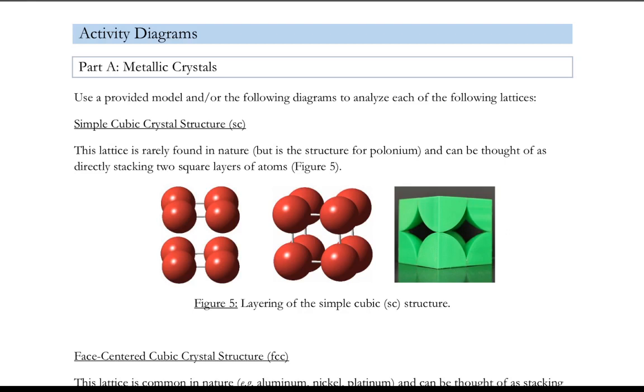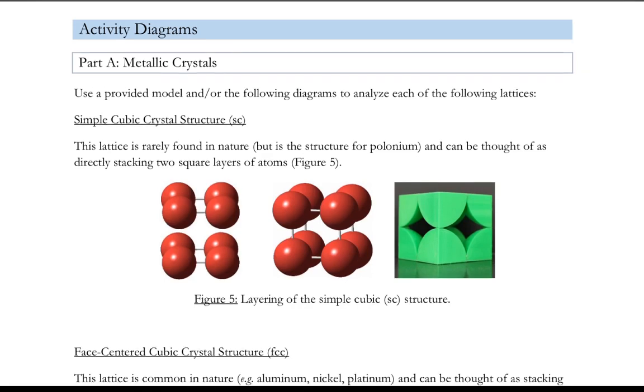This lattice is for simple cubic. So that's the SC1, the simple cubic. It turns out that this lattice is not common in nature, but it is the structure for the metal polonium. So what we have for it are a layer where the balls are touching each other, and then we put another layer directly on top, so not in the dimples, directly on top. So the unit cell is what's shown with green there.